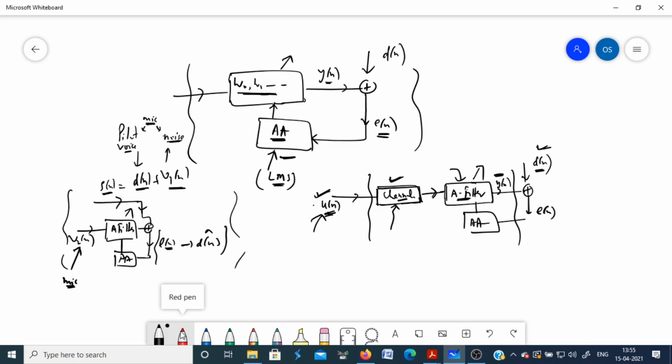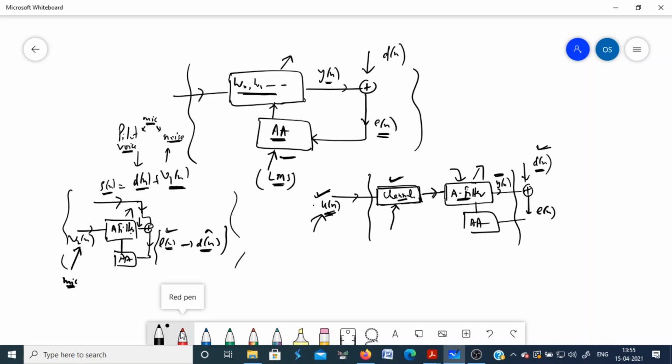This adaptive filter will provide an output which is the estimate of the noise present in the speech signal. So it will adaptively cancel it, and the error signal will give you a filtered signal which contains the pilot speech only, or it improves the signal to noise ratio.